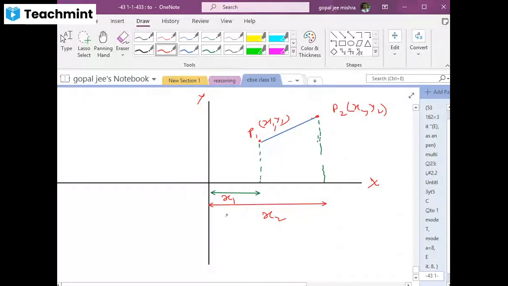That is the true meaning of x1 comma y1 and x2 comma y2. It is based on that.